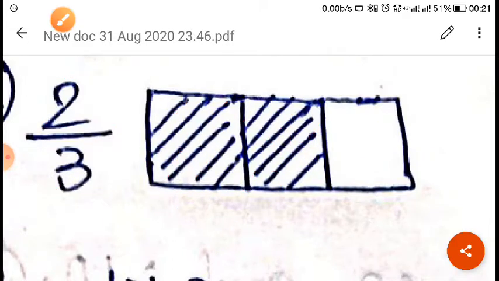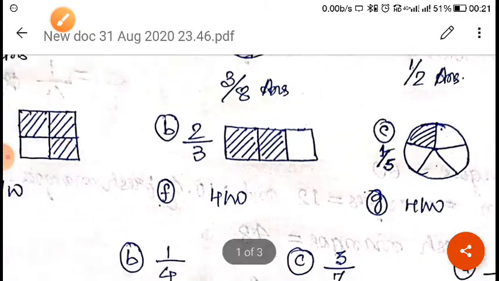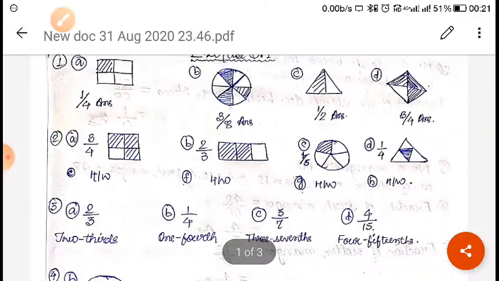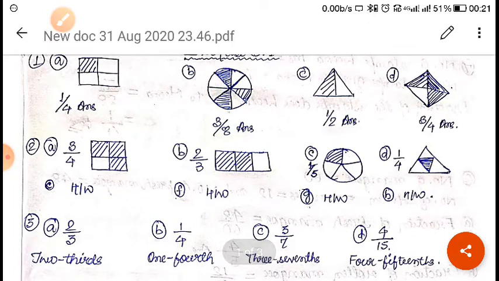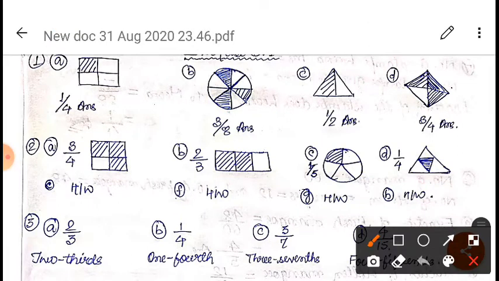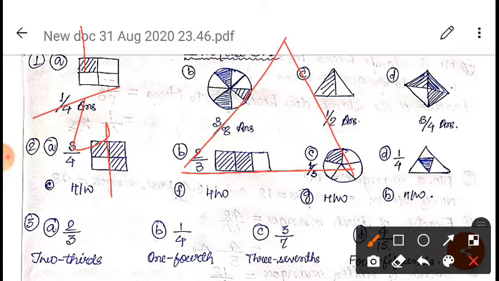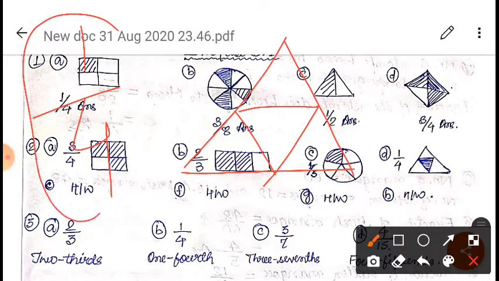Okay, now question number D actually. In question number D, they have written 1 by 4. They have given a triangle, and under this triangle one more triangle is there, and they have asked us to set according to the 1 by 4th fraction.